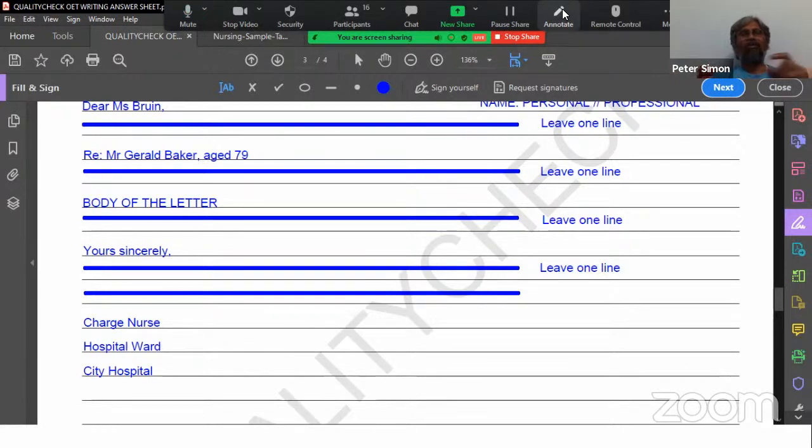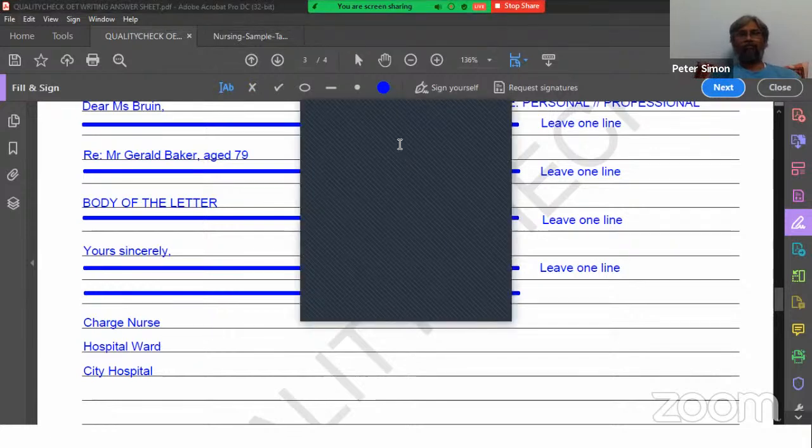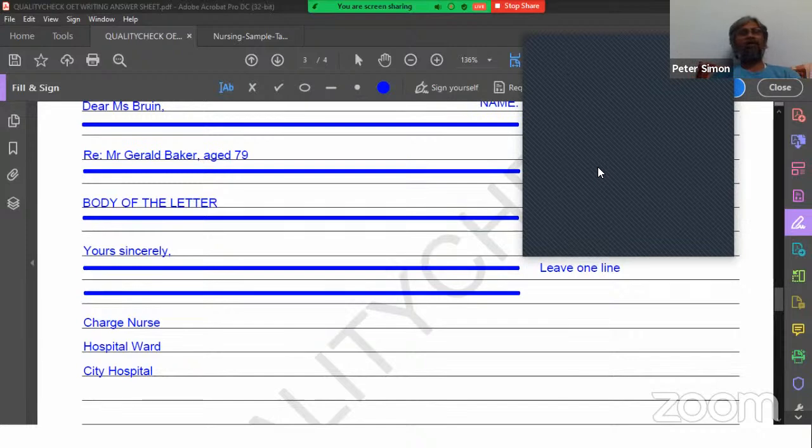Whatever you are missing, you are not going to get marks, but you are going to lose marks which you are supposed to get. So now, yes Sumaira, they are capitals. In the address, a capital letter must be there everywhere.